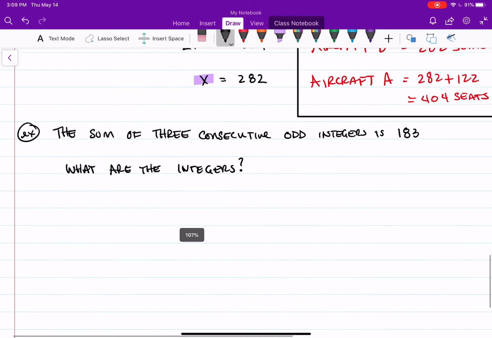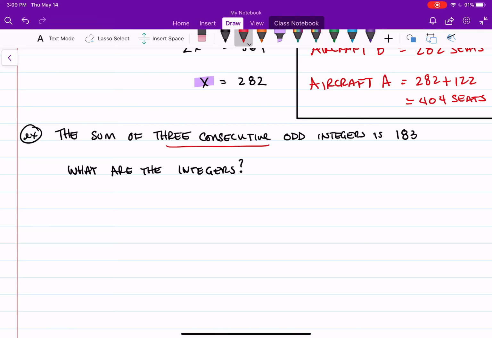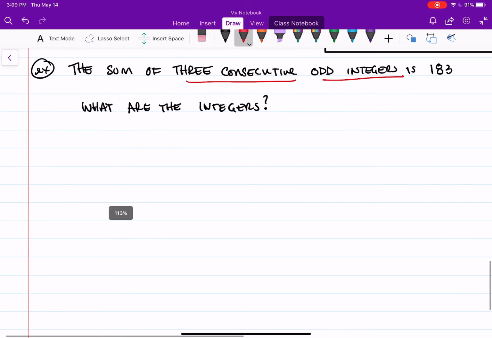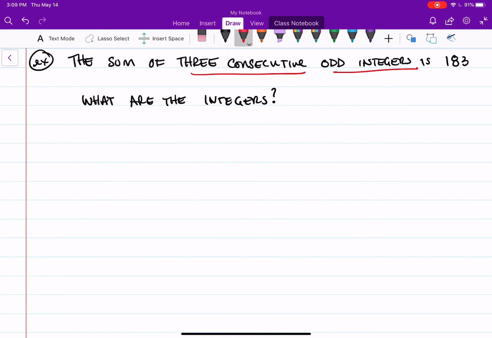Okay, so again, I have 3 consecutive odd integers. I'm going to call them first, second, and third. The first one, I don't know what it is, so I'm going to call it x. If I knew what the first one was, what do I do to the x to get the next one? x plus 2. How about the third one?